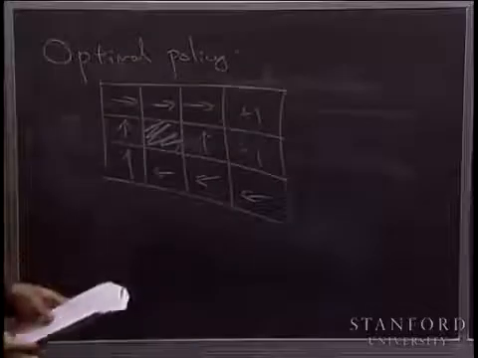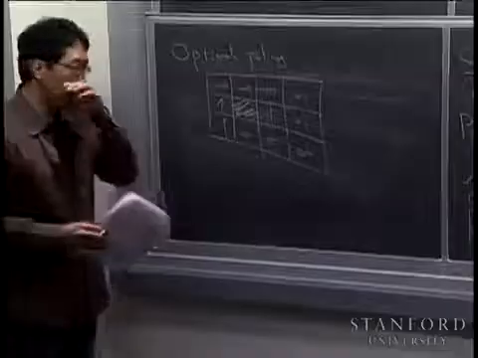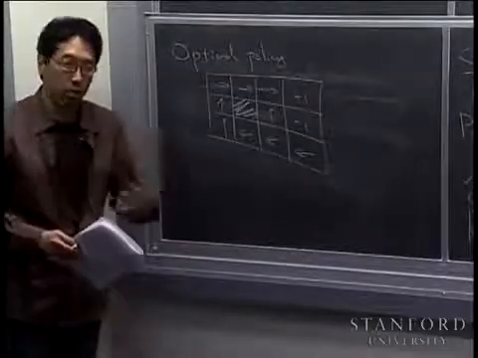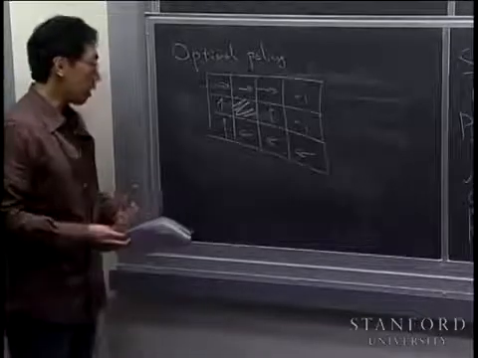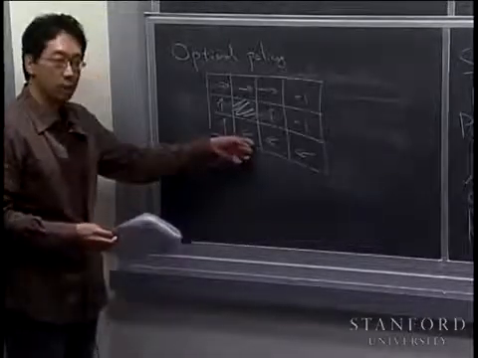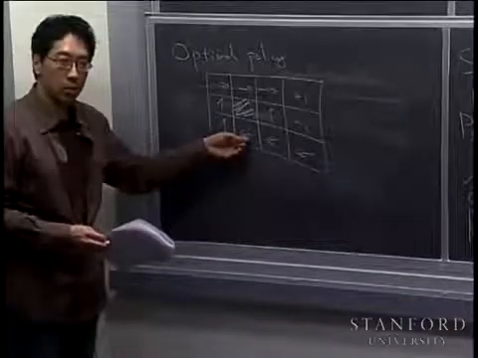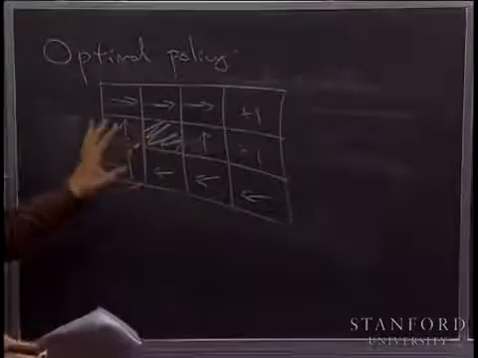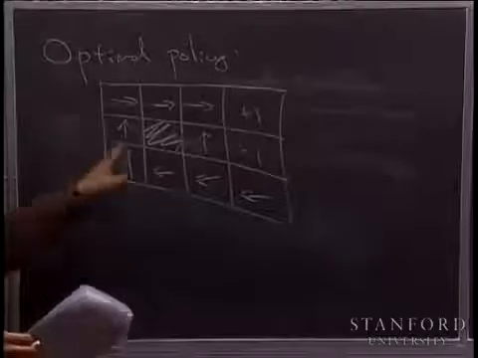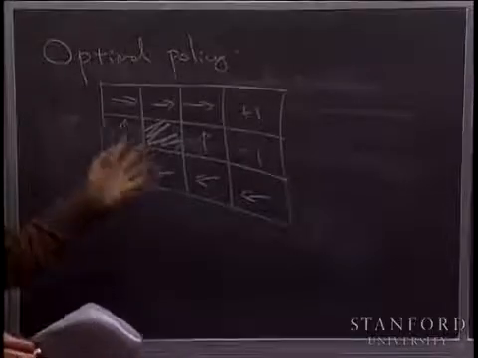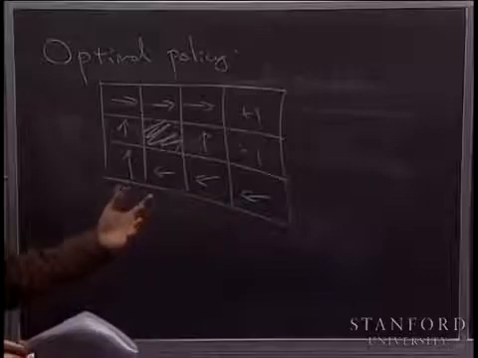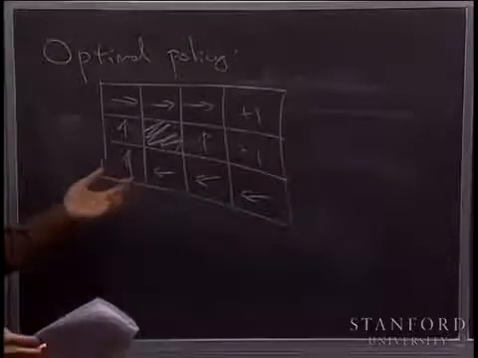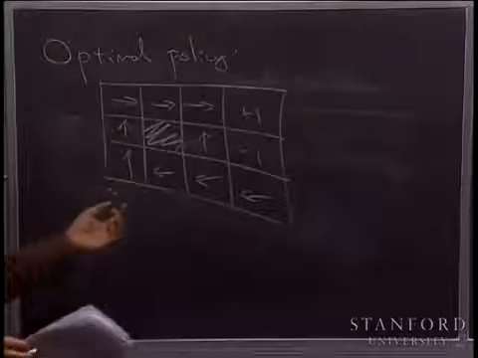So this is an example of a policy. The policy is just a mapping from states to the actions, and a policy tells me, when you're in this state, you should take the left action. This particular policy that I drew out happens to be the optimal policy in the sense that when you execute this policy, this will maximize your expected value of the total payoff. This will maximize your expected total sum of discounted rewards.